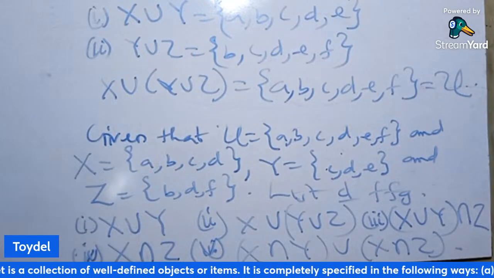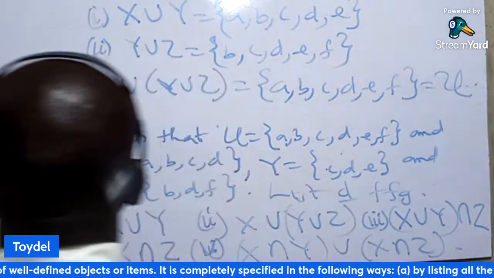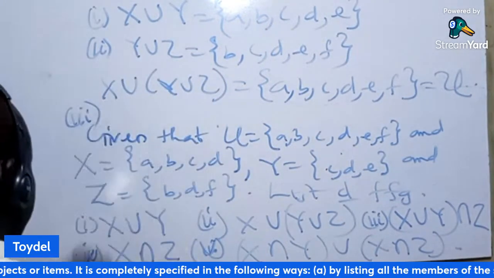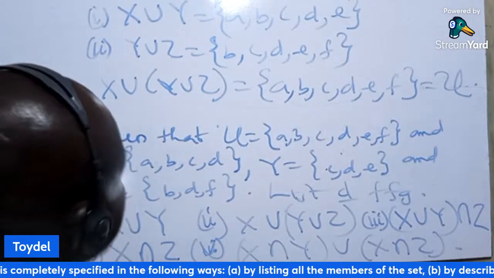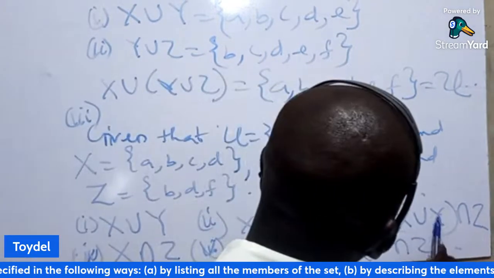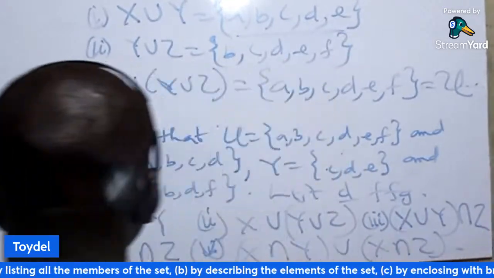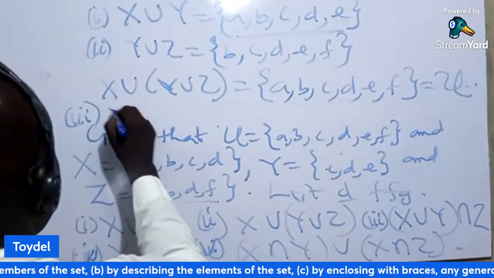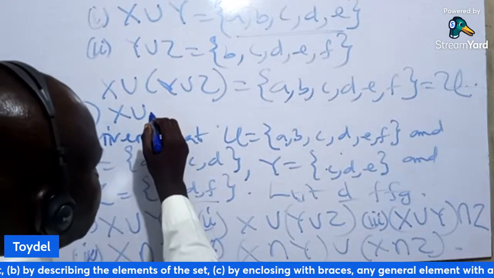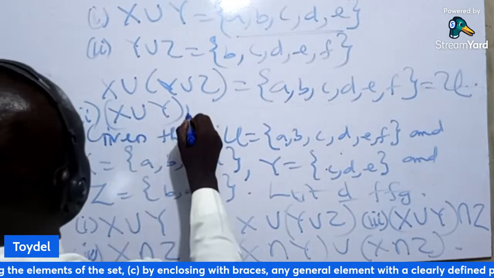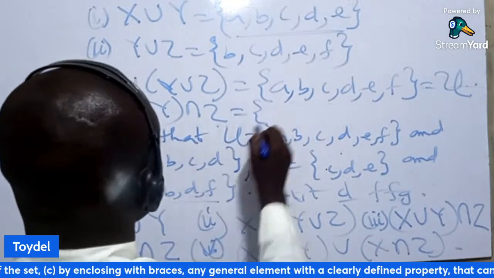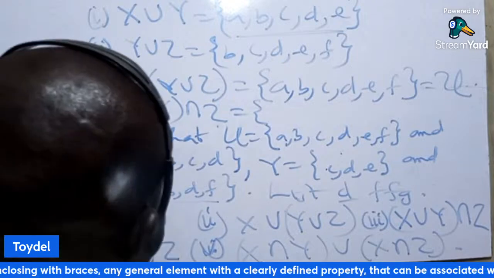Then the next one, number 3. We want to find X union Y, intersection Z. We have gotten X union Y already. What is Z? This is Z. So X union Y is number 1.